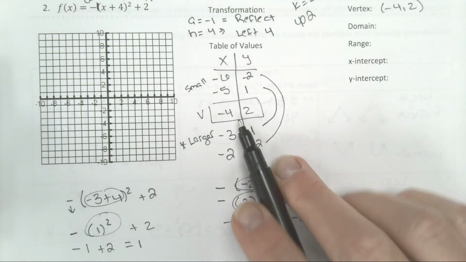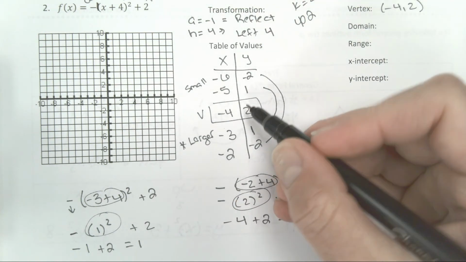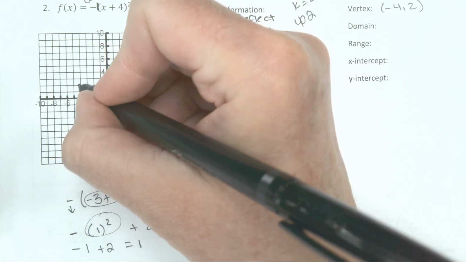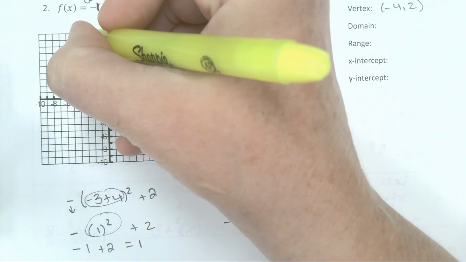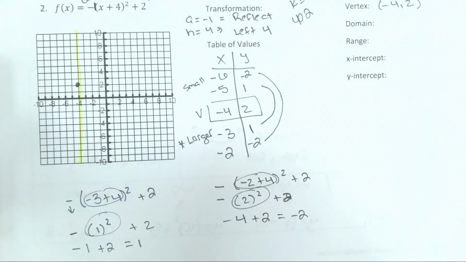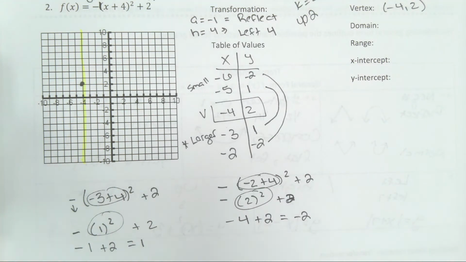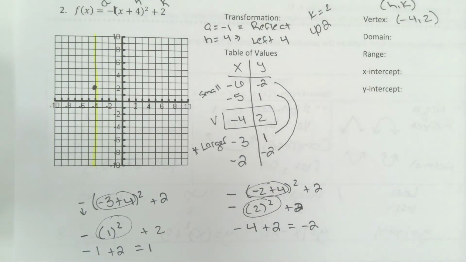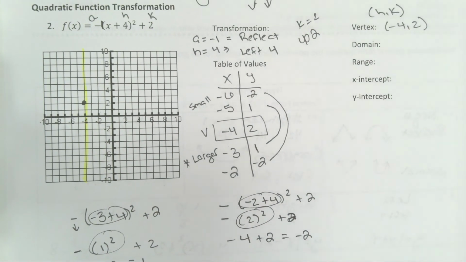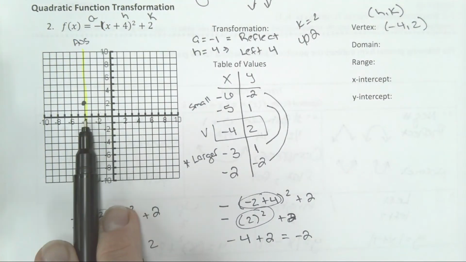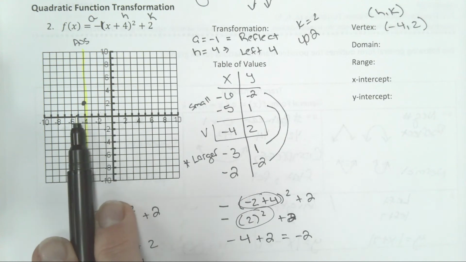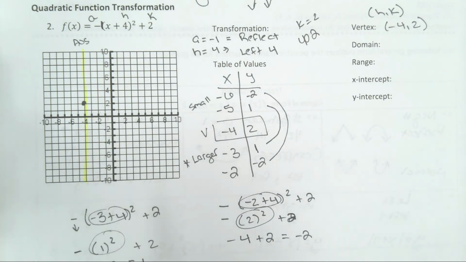So let's plot these points. I always start with the vertex, so negative 4, 2. The other thing that I tend to do is I sketch in what is technically called the axis of symmetry. We'll get more into that in a future section, but there's your axis of symmetry. That is the imaginary line that divides your graph in half.